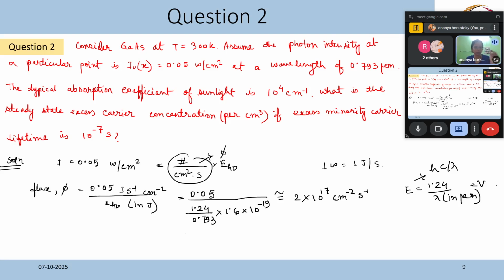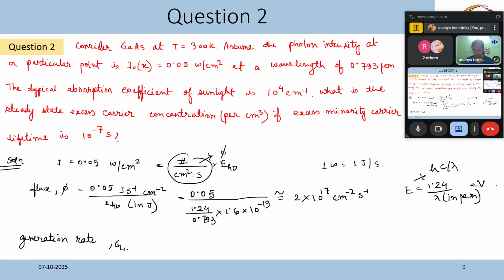If we hit only 1 or 2 photons, that will not make much change. So this is 10 to the power 17, a reasonable number for photon flux. Now I know the flux, I can calculate the generation rate.